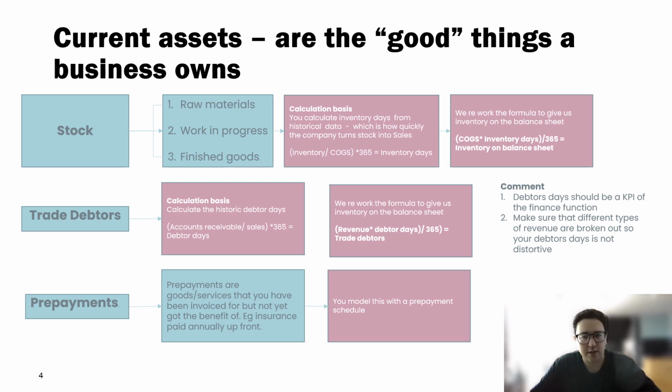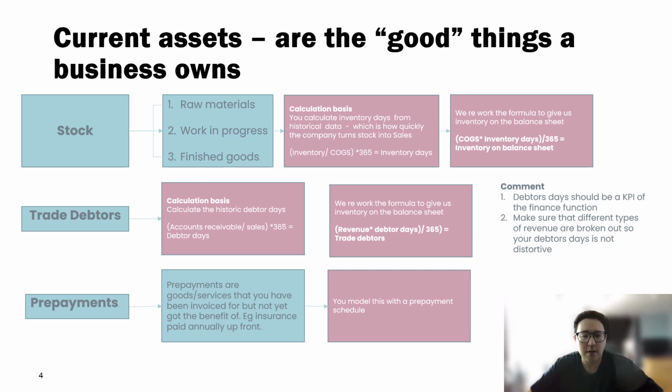And the second point, when you're modeling here, is that you can often have different types of revenue, right? An example might be you sell 2 product lines, one in which, an extreme example, your customer pays 60 days late, and another one in which your customer might pay 3/4 in advance.